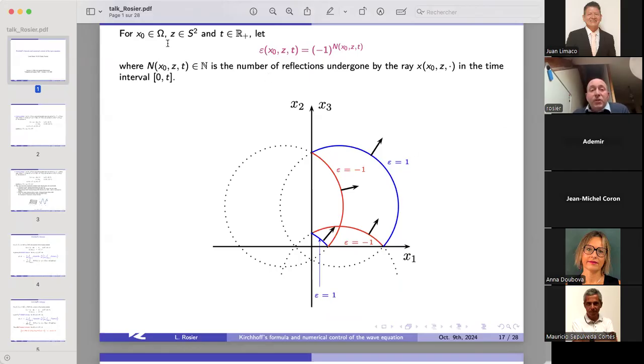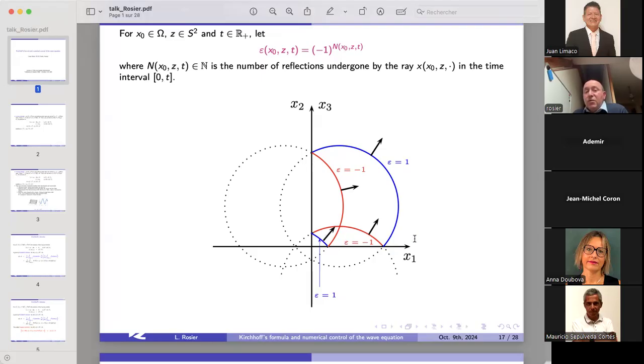When x0 is given, z is the direction and t is the time, we say that epsilon at (x0, z, t) is (-1)^n, where n is the number of reflections undergone by the ray in the time interval [0, t].